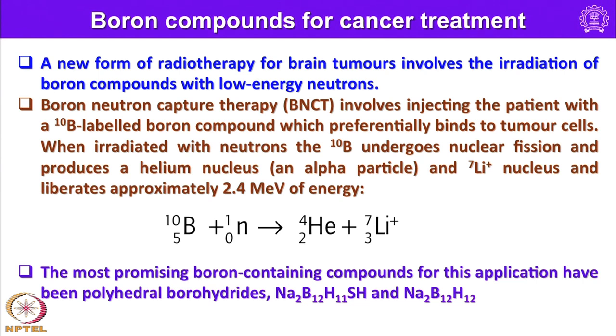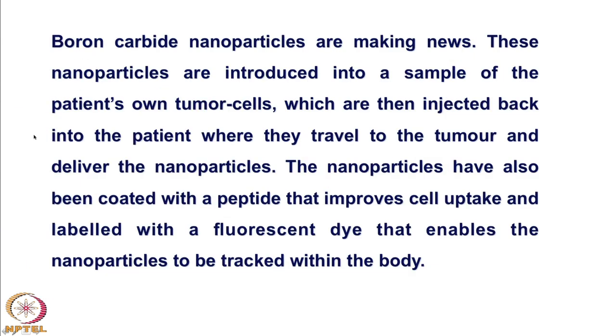So, here you can see this is the reaction that happens. The most promising boron containing compounds for this application have been polyhedral boron hydrides having the composition such as Na2B12H11SH or Na2B12H12. Okay. And boron carbide is also important and it is in use in nanoparticles.